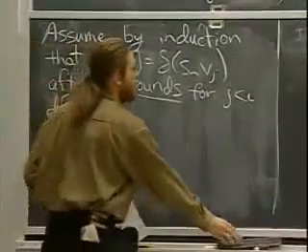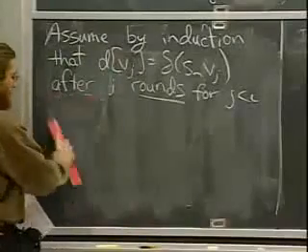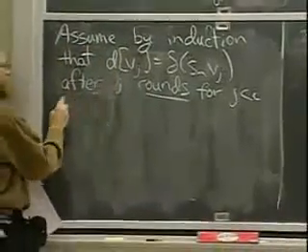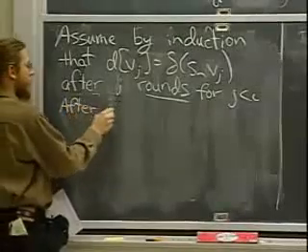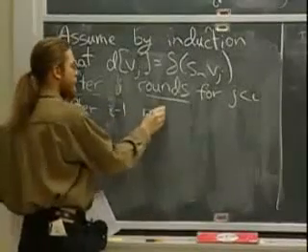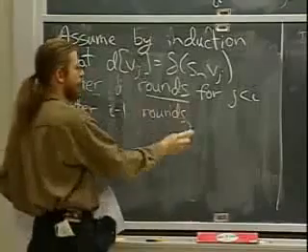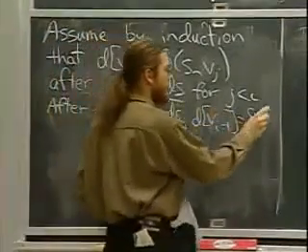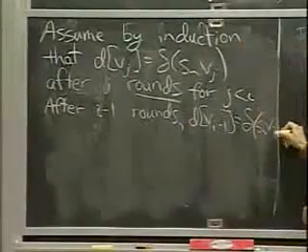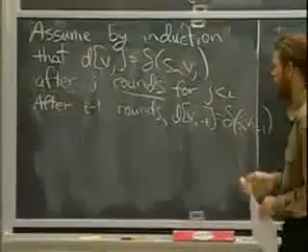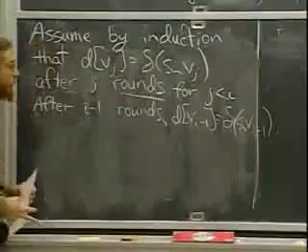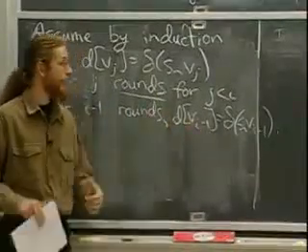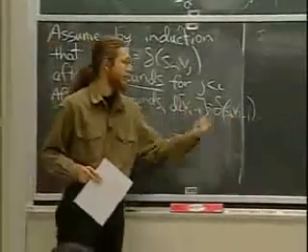Well, let's think about what's going on here. We know that, let's say, after i minus 1 rounds, we have this inductive hypothesis, d of vi minus 1 equals delta of s, vi minus 1. And we want to conclude that after i rounds, so we have one more round to do this, we want to conclude that d of vi has the right answer, delta of s comma vi.